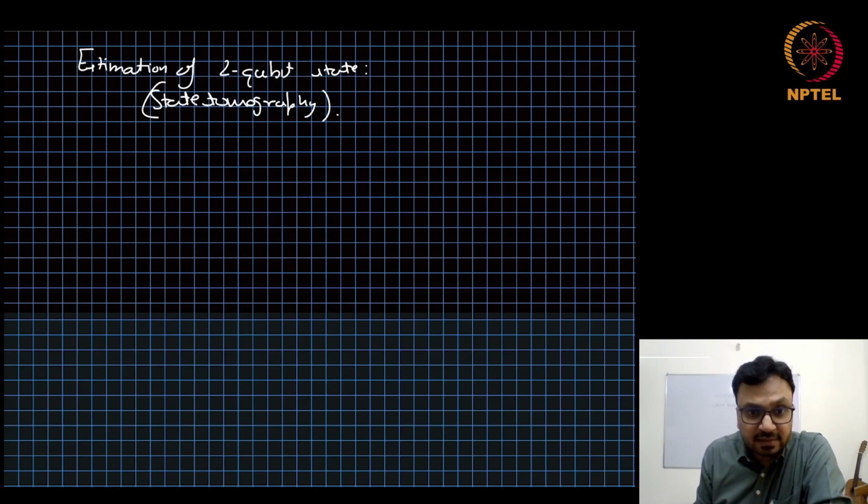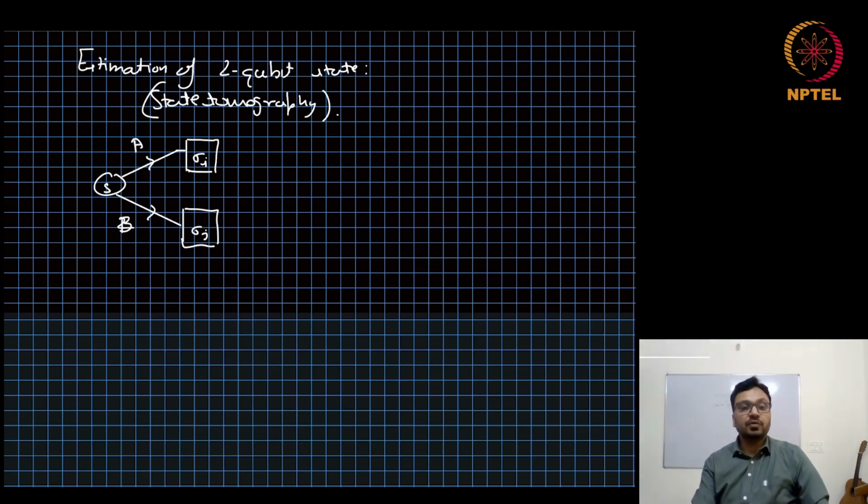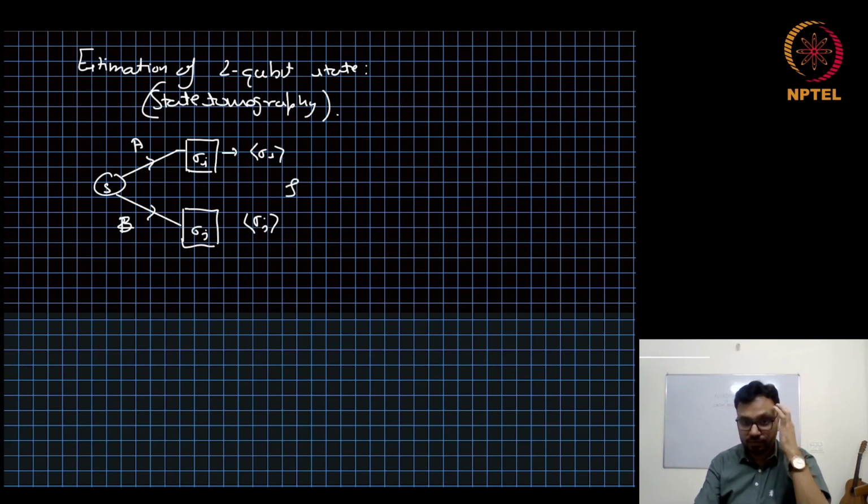Let us say we have a source which is producing one qubit and another qubit and sending them in different directions. This is qubit 1 and this is qubit 2, or A and B. We can perform measurements of sigma x, sigma y and sigma z on qubit A, and sigma x, sigma y, sigma z on qubit B. We get the expectation values of sigma i and sigma j, and the question is how to calculate the density matrix from here.